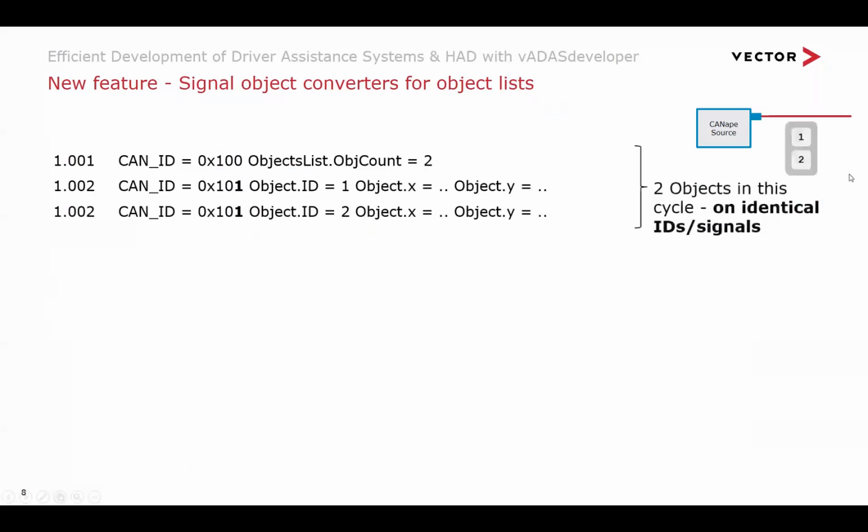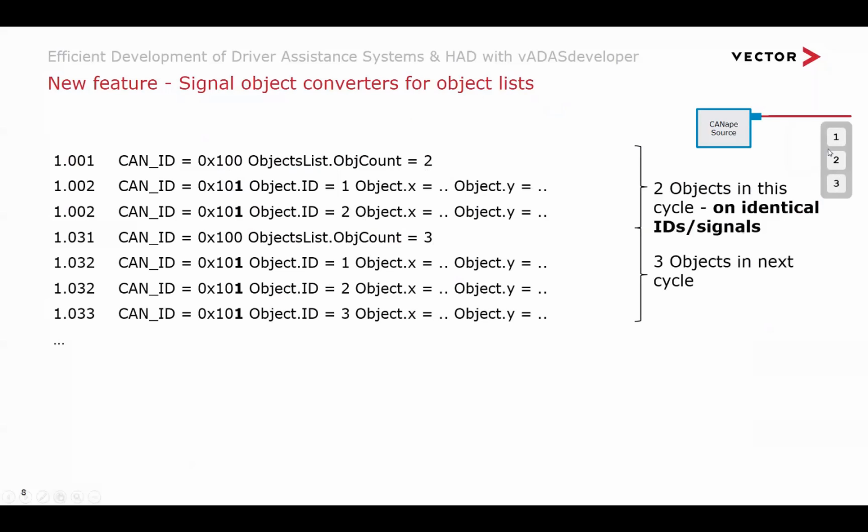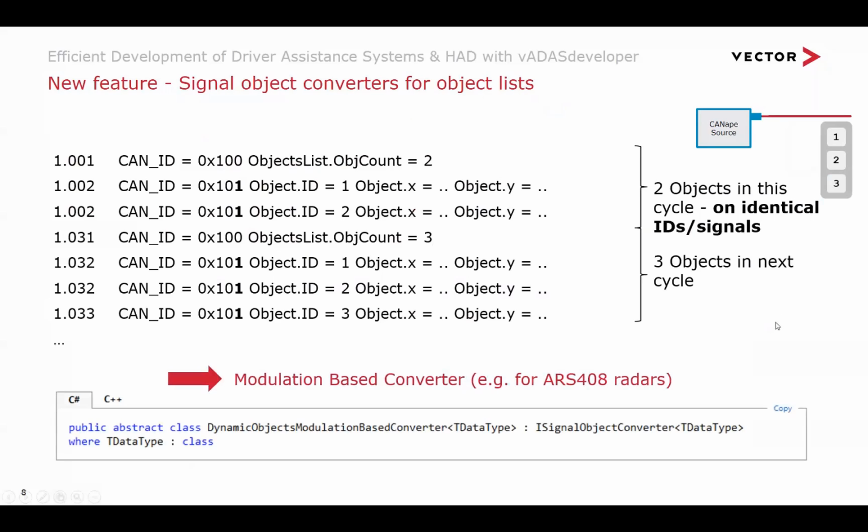And in this case, you would get constructed an output of an object list of 2 items on identical CAN IDs and signals, and the same thing now with 3, and then you get 3 times, and then you get a list with 3. And this method of how to communicate, how to serialize information on the CAN bus and how sensors do that, we call modulation-based, and hence we made a modulation-based converter.